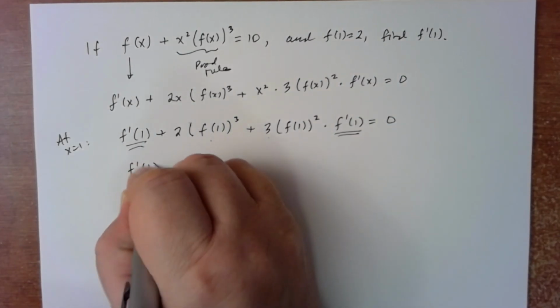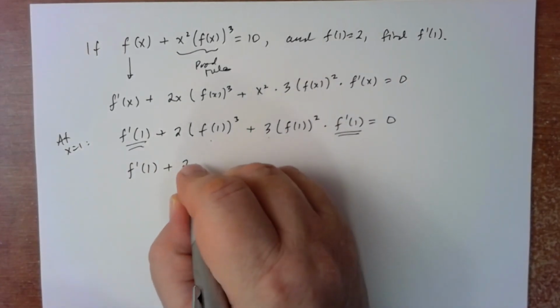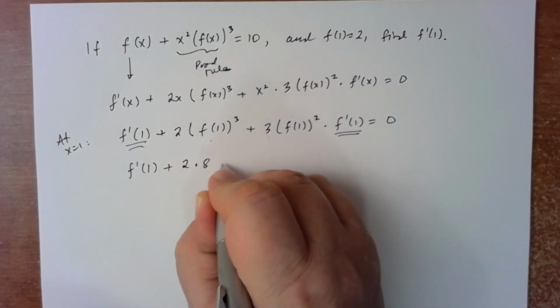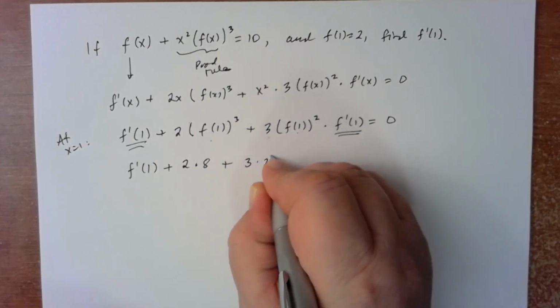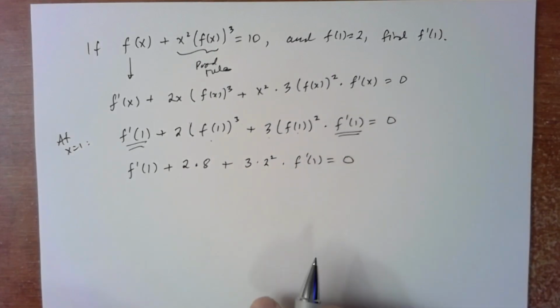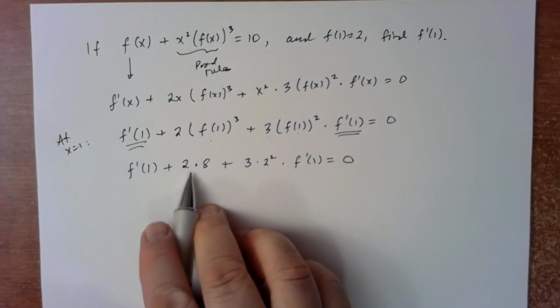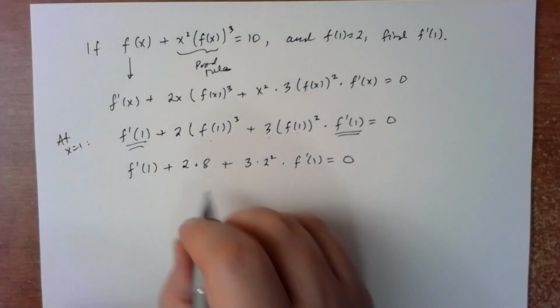That's f prime of 1 plus 2, f of 1 is 2, so that's 2 times 8, plus 3 times 2 squared, which is 4, times f prime of 1 equals 0. Good. So let's bring the 16 over. That's 12 plus 1 is 13.